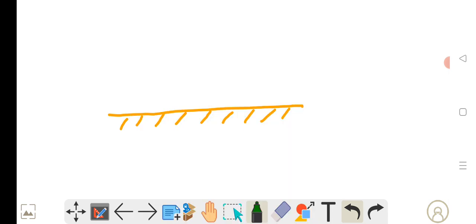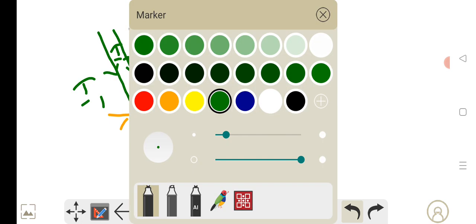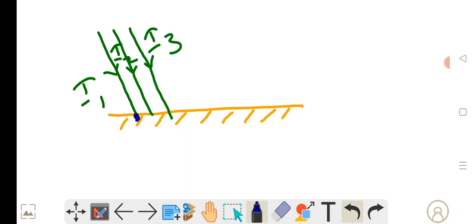If the incident rays are parallel to each other, see, I am taking three incident rays which are parallel to each other, I1, I2 and I3. Now take the points of incidence O1, O2 and O3. Now draw the normals at the points of incidence.